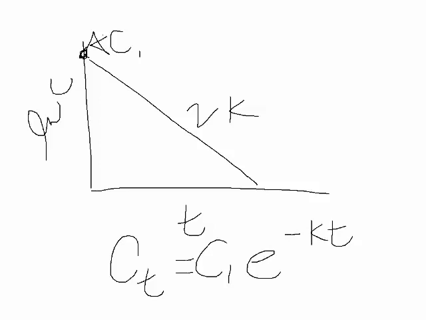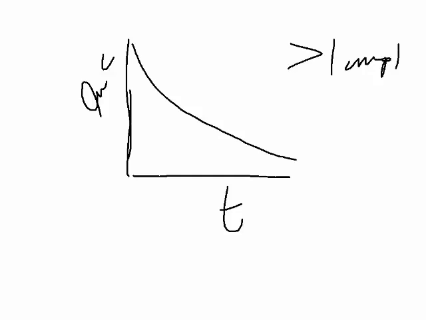If we plot the natural log concentration versus time and it looks like this, then we know automatically we have more than one compartment, right? And we can then say, well, this is a straight line, so this represents our slow compartment.